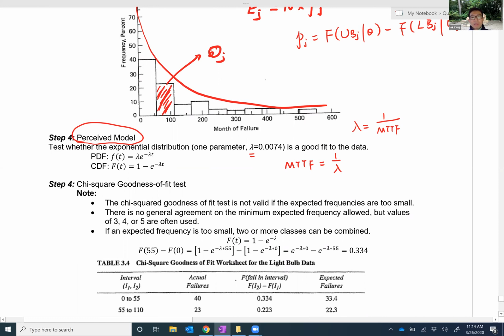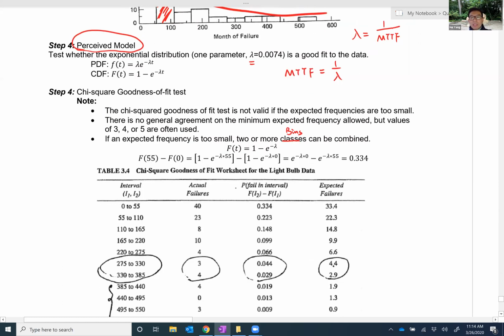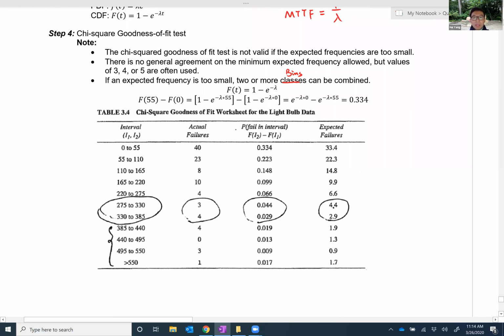There's no general agreement on the minimum expected frequency allowed, but the values 3, 4, or 5 are often used. So if an expected frequency is too small, two or more bins, or classes, can be combined. So here, what did we combine? We combine these 3 and 4 together, and we combine this group also together.